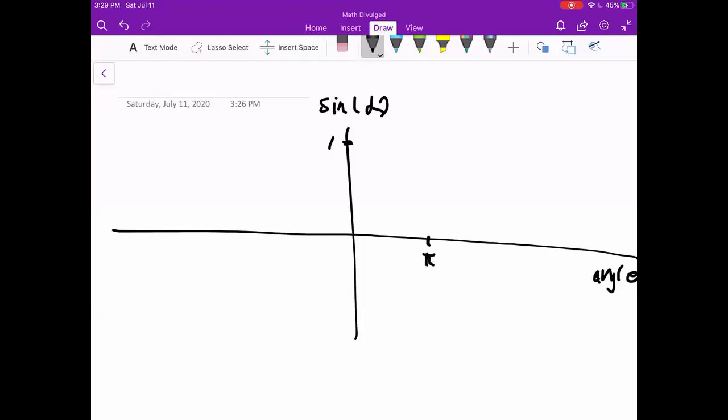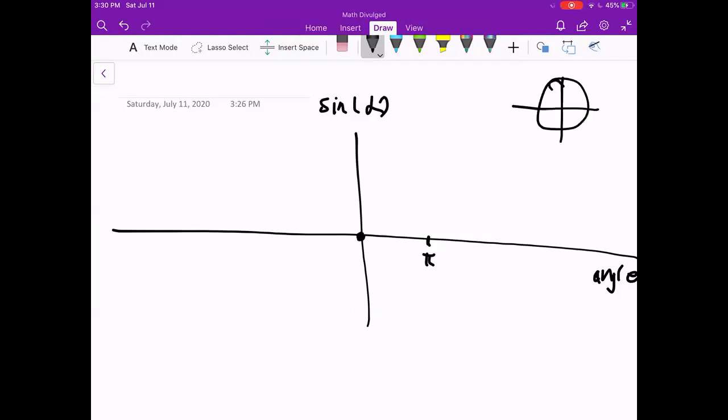Sine of pi is equal to, or wait, I'm sorry. Hold on. Let me start over. Sine of 0 is 0. Sine of pi is also 0, because once again, referring back to our unit circle, sine is the vertical value.